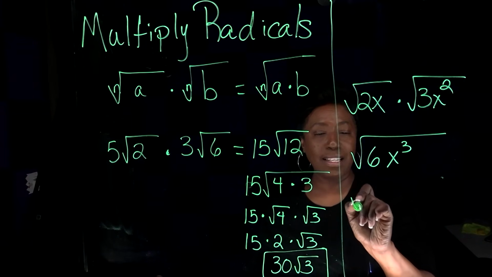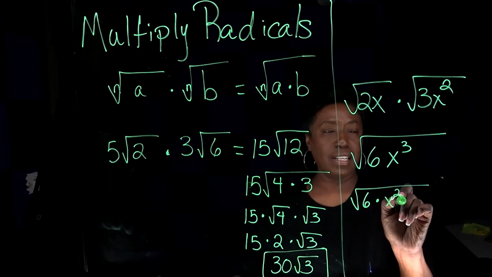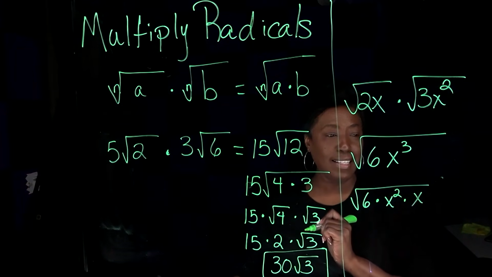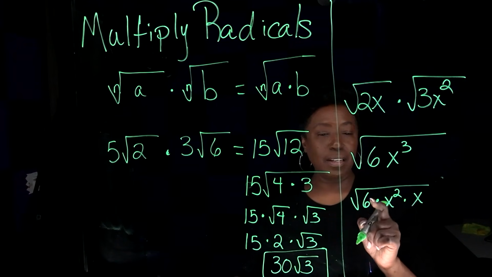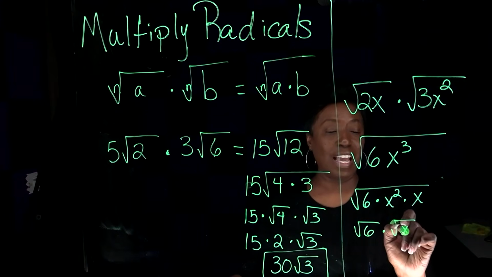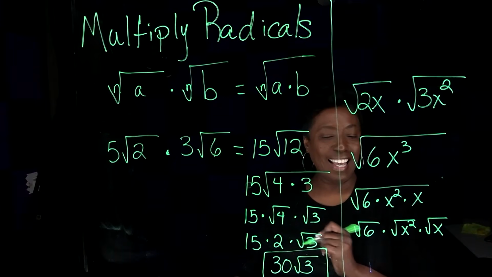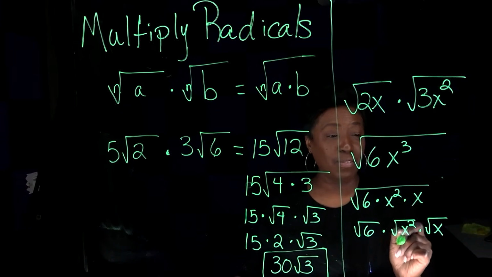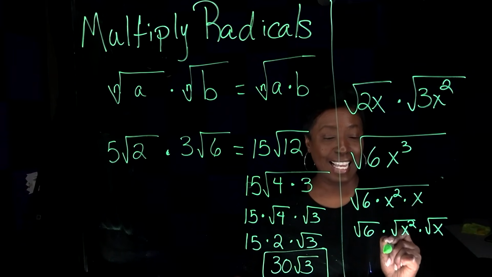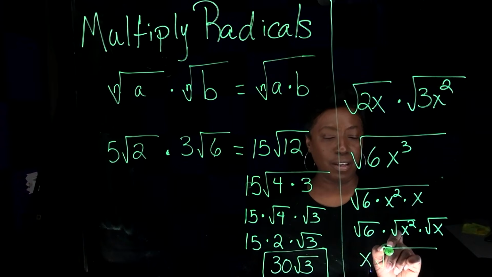So let's rewrite this as 6 times x squared times x, which becomes the square root of 6 times the square root of x squared times the square root of x. And the square root of x squared can be simplified. That is x. So we will rewrite our final answer as, we will bring that x in front of the square root of 6 times x.